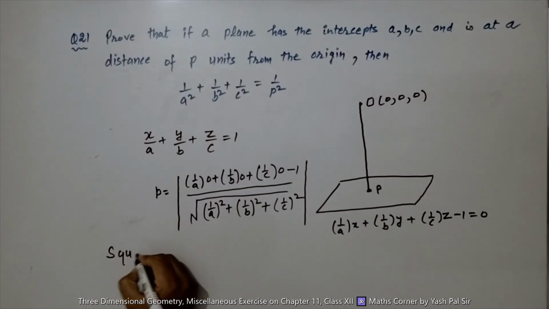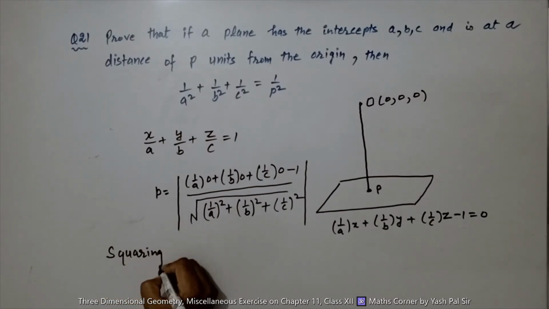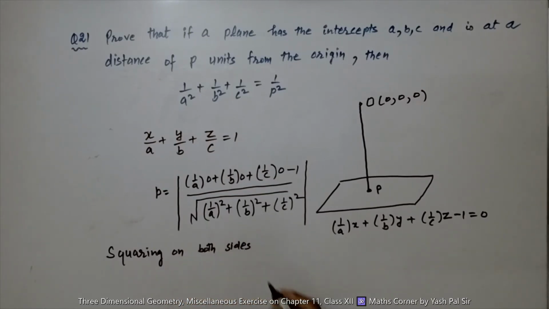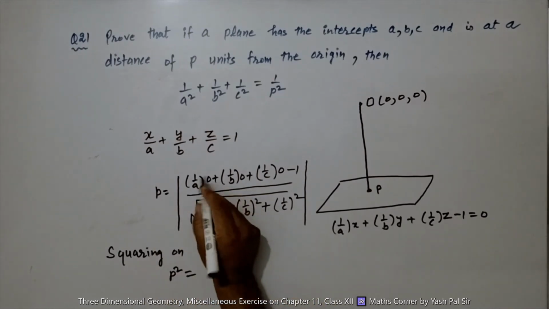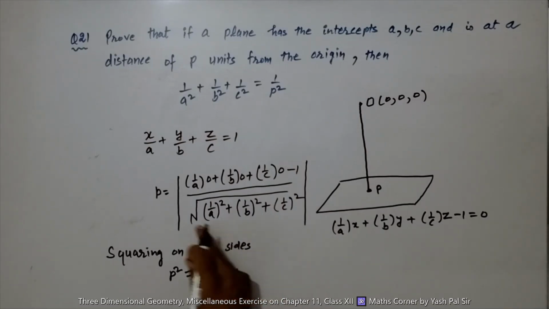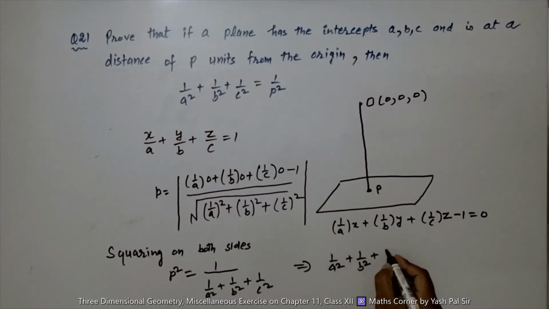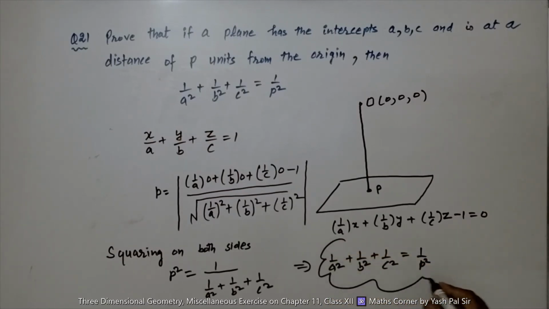So we write this, squaring on both sides. This becomes p² is equal to, the numerator is 1, the denominator square root gets cancelled, 1/(1/a² + 1/b² + 1/c²). So the conclusion is 1/a² + 1/b² + 1/c² is equal to 1/p².